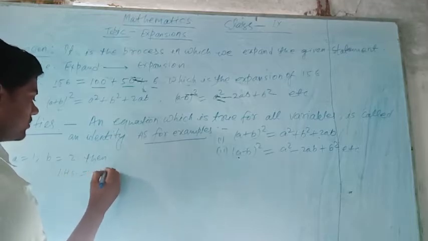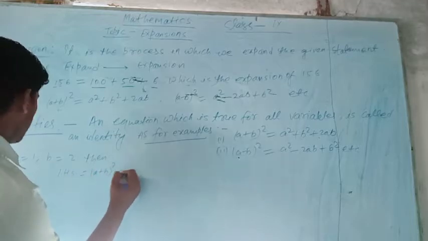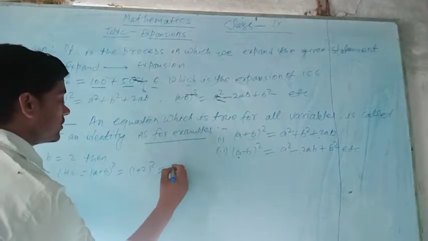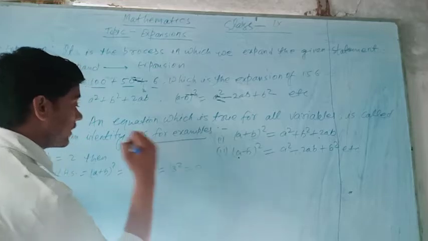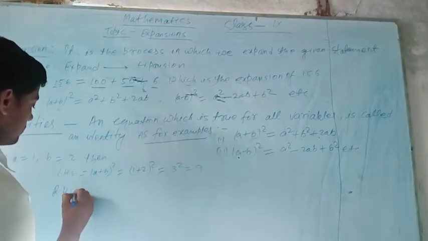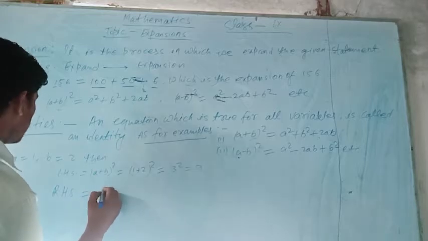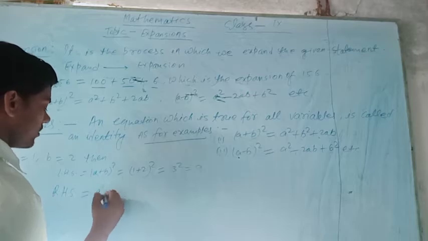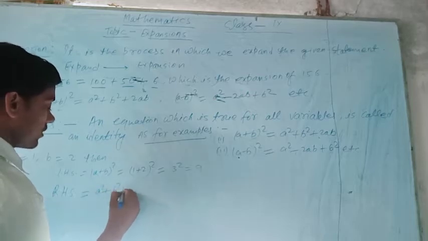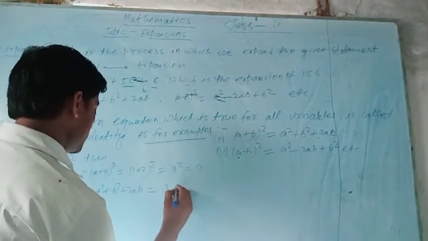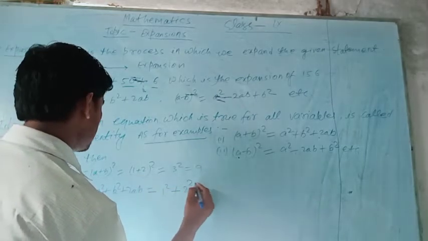And RHS is equal to a square plus b square plus 2ab. A square means 1 square, b square is 2 square, plus 2ab is 2 into 1 into 2. 1 square is 1, 2 square is 4, plus 4 is equal to 9.